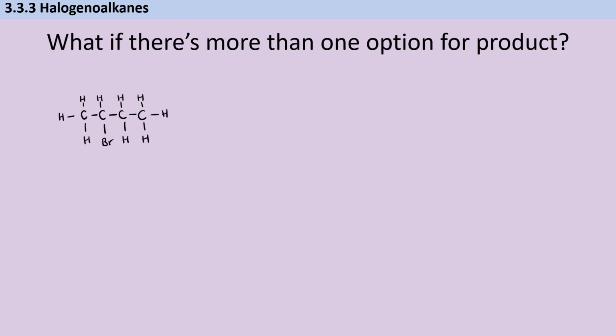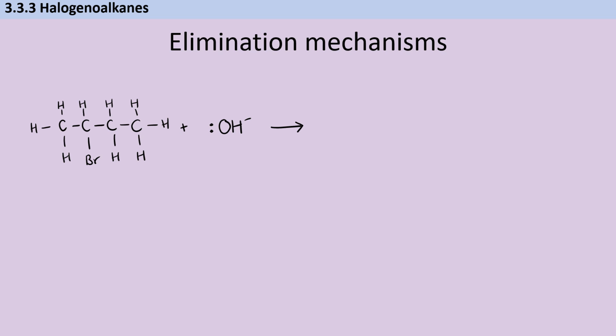While primary halogenoalkanes only have one potential product in this situation, secondary halogenoalkanes have two different products that could be formed. So let's follow our starting process again for finding which hydrogen is going to be attacked. We start by looking for the carbon that is bonded to a halogen, which is my second carbon here, you can see is bonded to bromine.